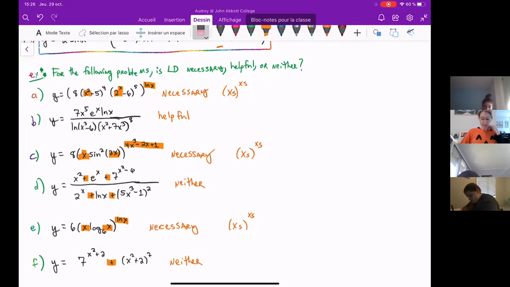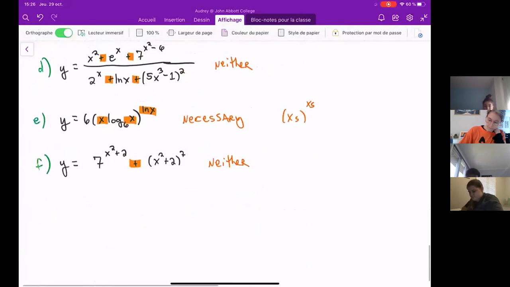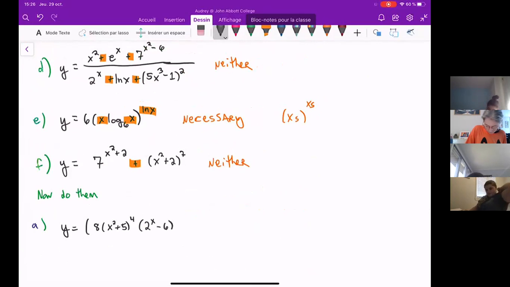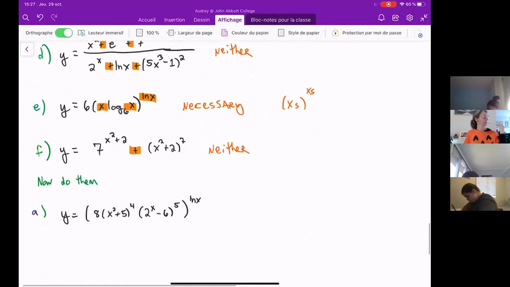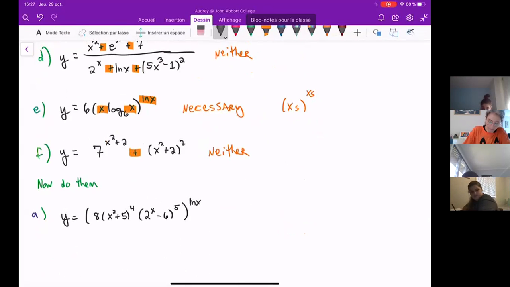So we will start with A. So y was equal to, I believe it was this one. So I start by doing ln of both sides.